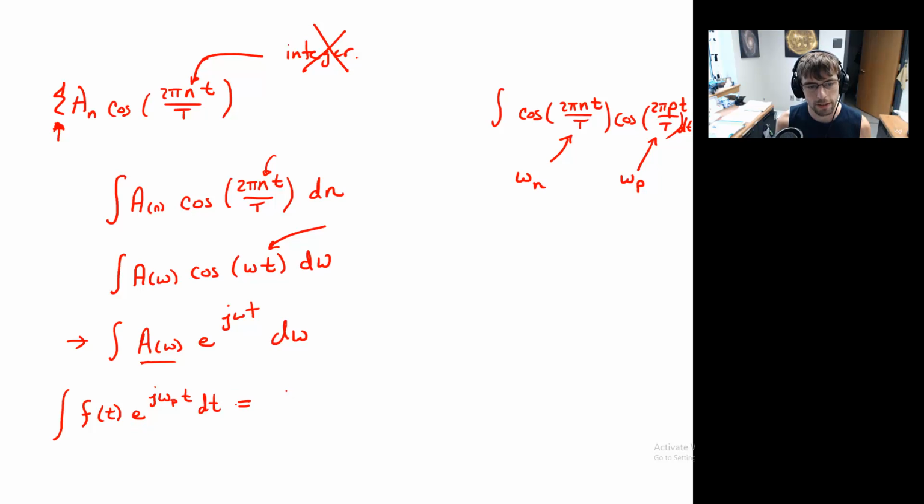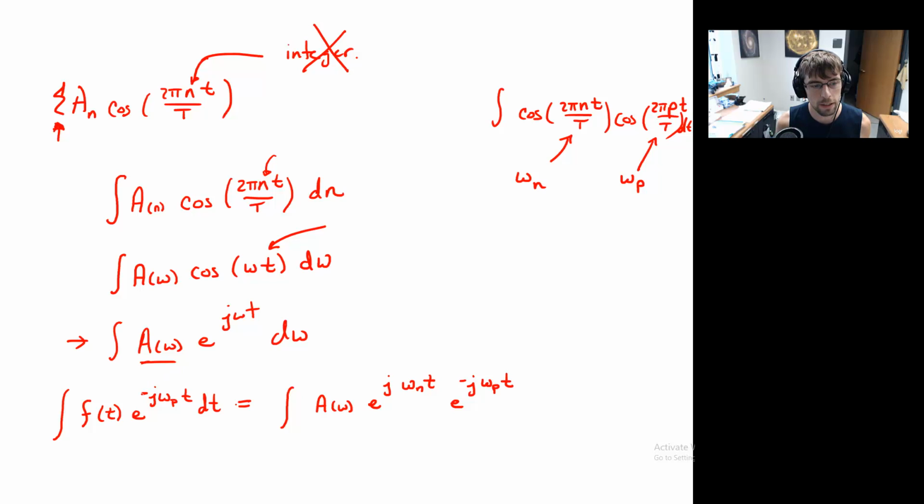And over here on the right-hand side, what I'll have to do is something like a of omega e to the j omega n t, times, I'll put a negative j omega p t.